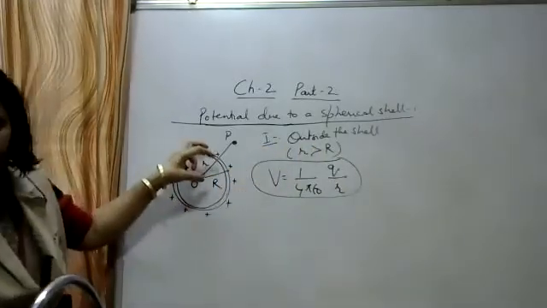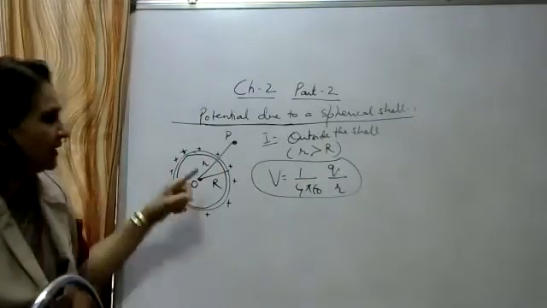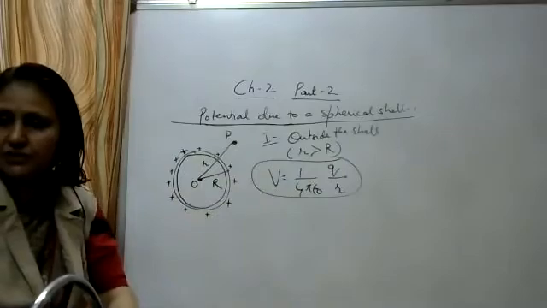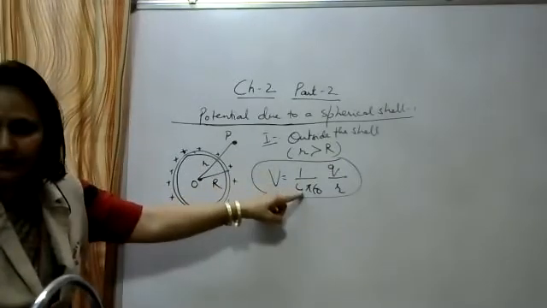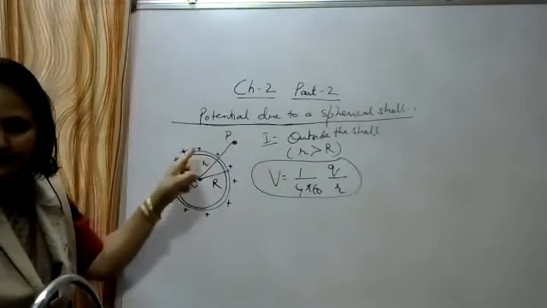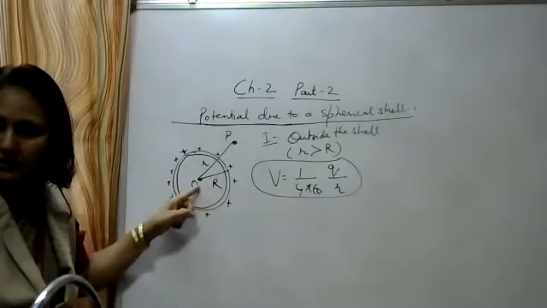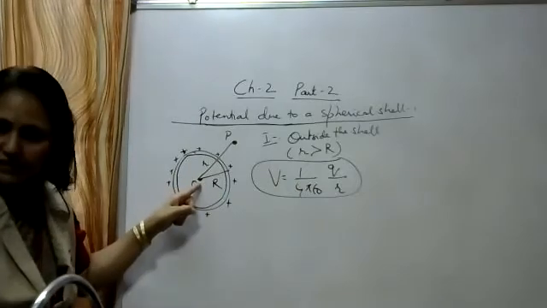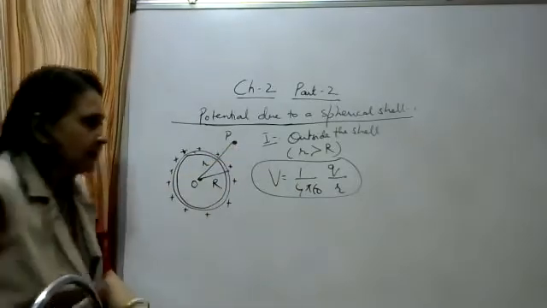Why? Because it appears as if the whole charge is concentrated at the center of the sphere, and due to this point charge, this is the expression for the potential.